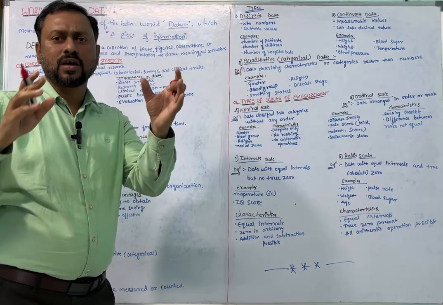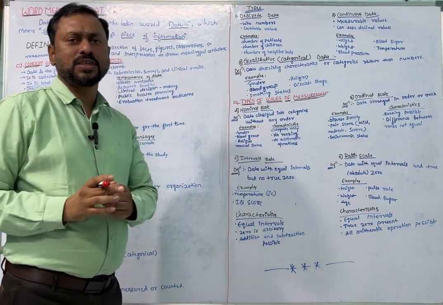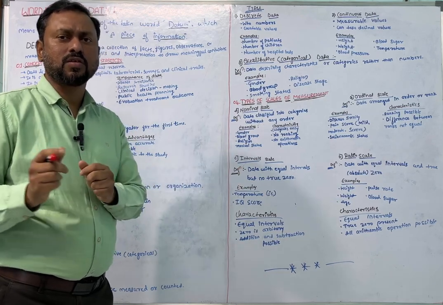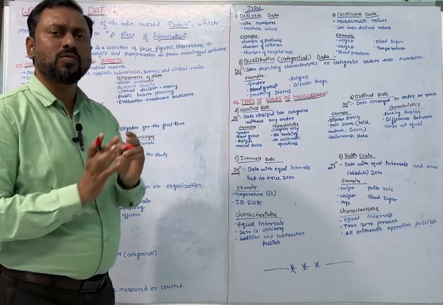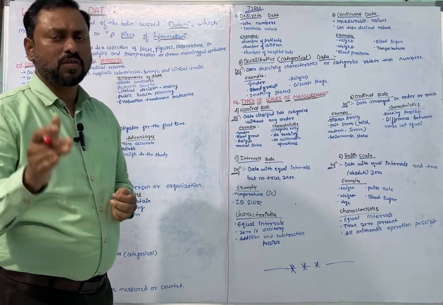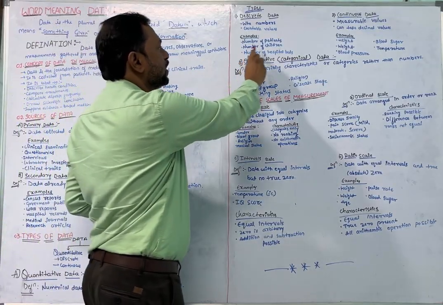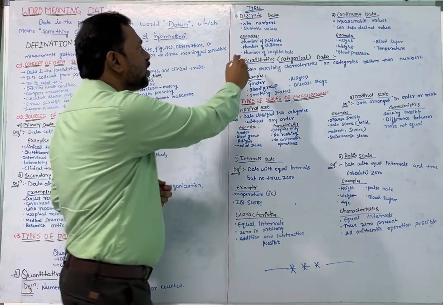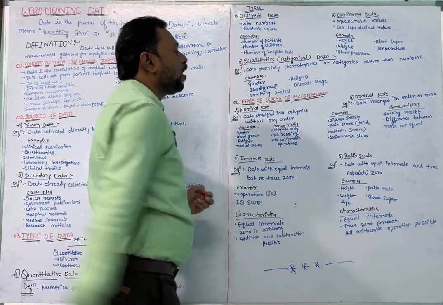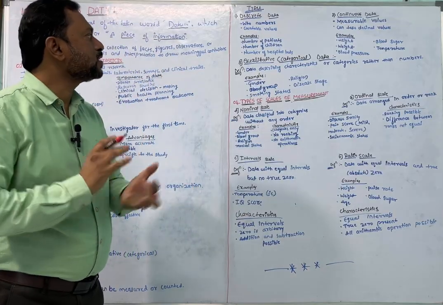Today in the gynec department 20 patients came, 30 patients came. In the surgery department 50 patients, like that. The numbers 40, 41, 42. That is the number form. That is the number of children in today's OPD, or the number of hospital beds, like that.